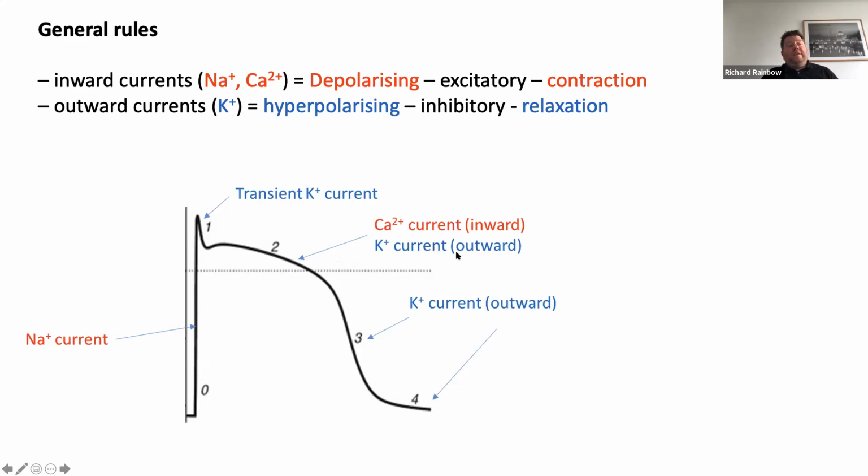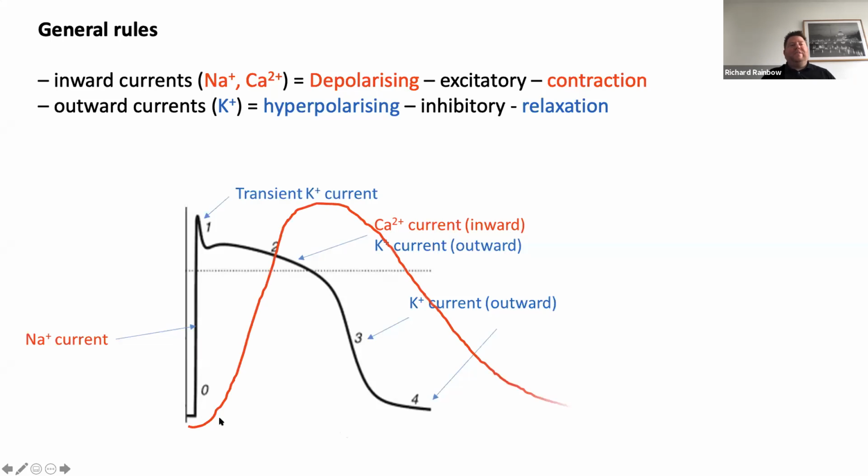And you've also got potassium current starting to open during this time to try and bring the membrane potential back down to its negative state. So again, potassium channels are hyperpolarizing, inhibitory, and relaxing to the cells, and sodium and calcium are depolarizing and contractile.